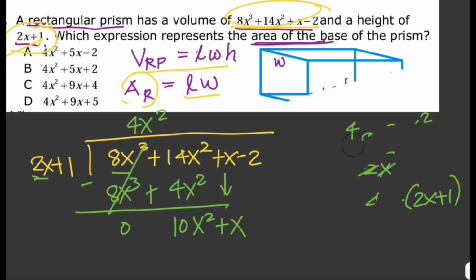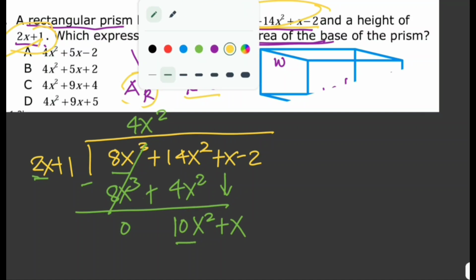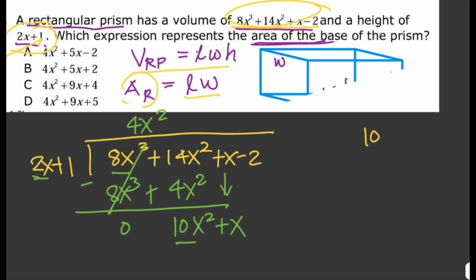We do the same thing. So we divide 10x squared by 2x. The x here cancels out. Then 10 divided by 2 is 5. So we have plus 5x.